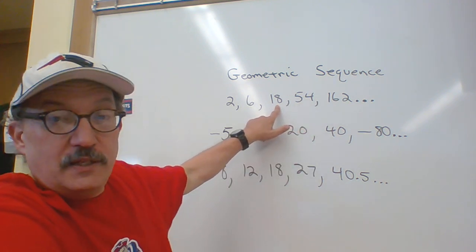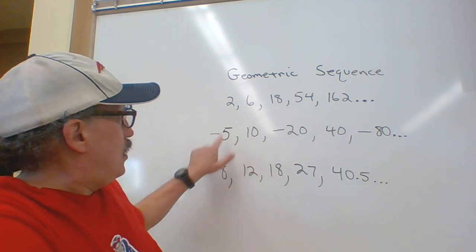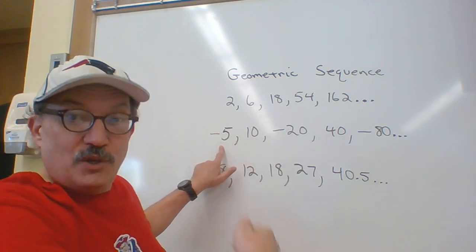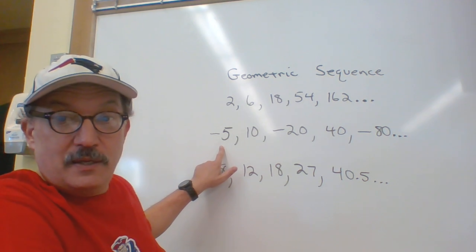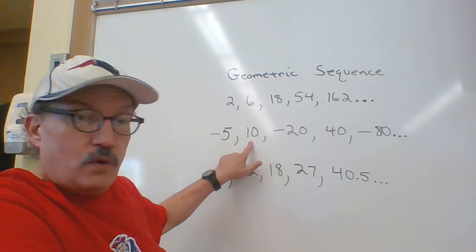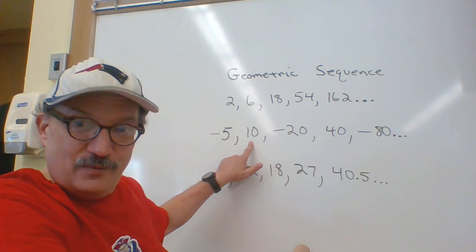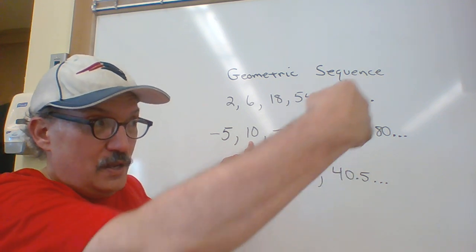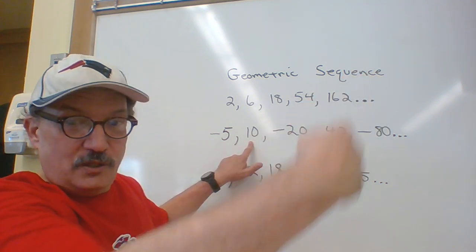12 over 18. It works with the negatives too. 10 over negative 5. That ratio is the negative 2 you're multiplying by each time. Negative 20 over 10. That's a ratio. We defined that early in 7th grade. Two integers as a fraction is called a ratio.